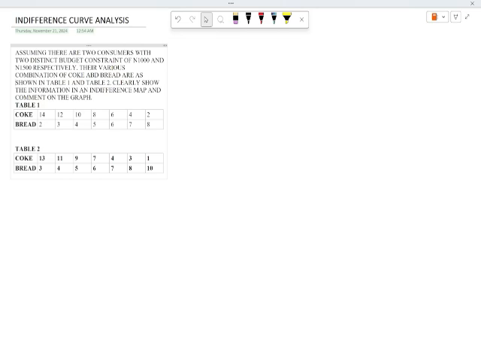Now, the concept of indifference curve seeks to measure utility based on ranking. You understand? So we have coke and bread.